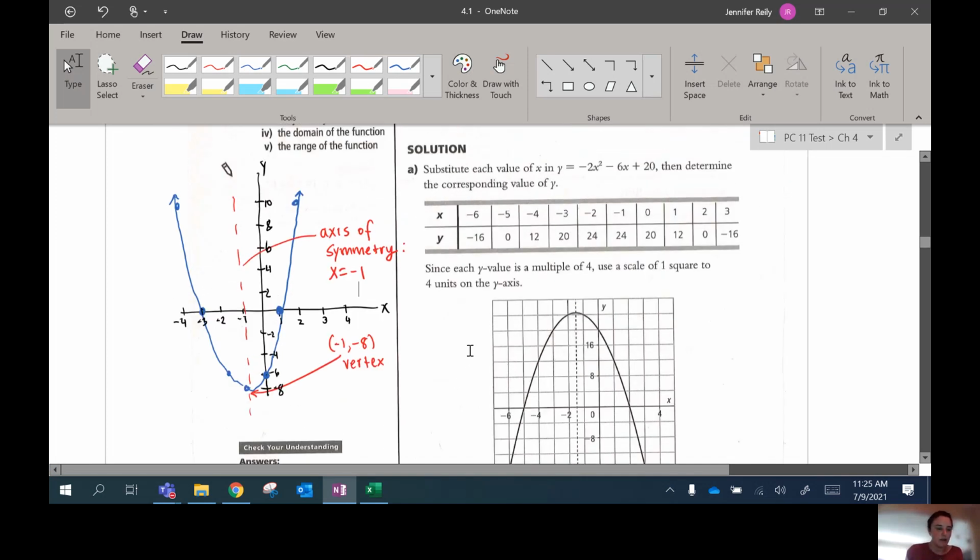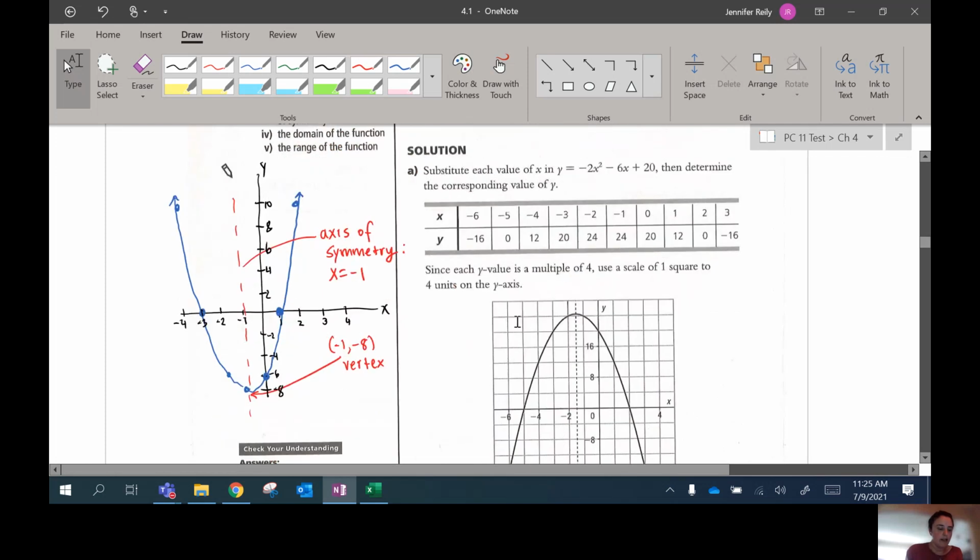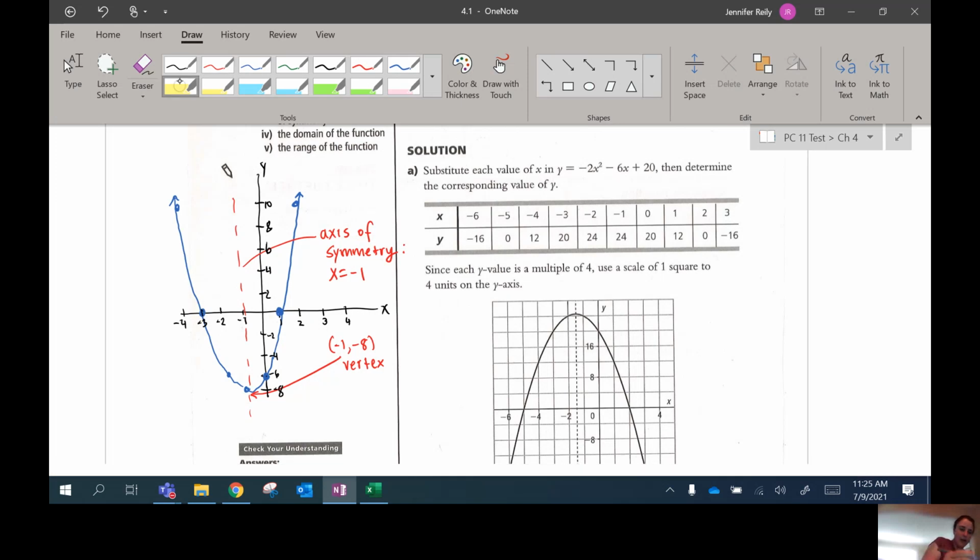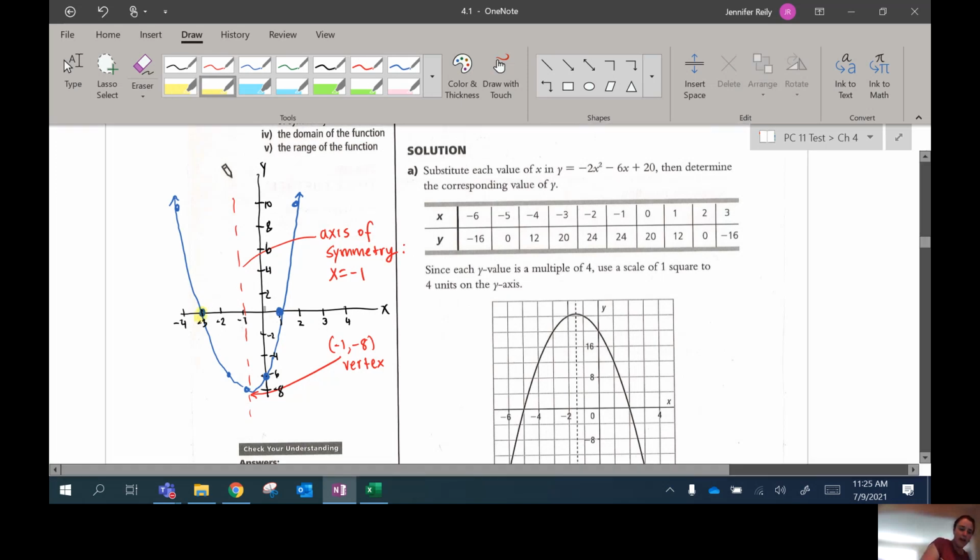Some other things, we should write any intercepts that we see. So intercepts are where the graph hits the x and y axis. So these 2 points, I'll highlight them, are the x-intercepts, because it's where the graph hits the x-axis. I'll highlight those, x-intercepts, at x equals -3 and x equals 1.